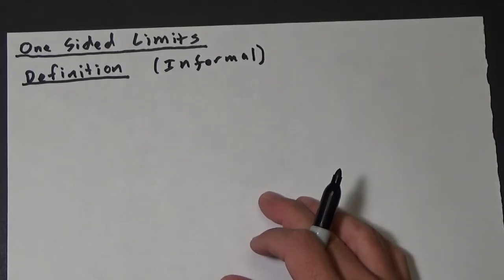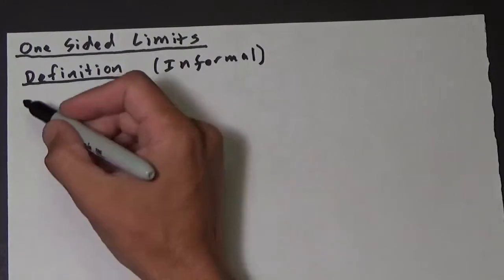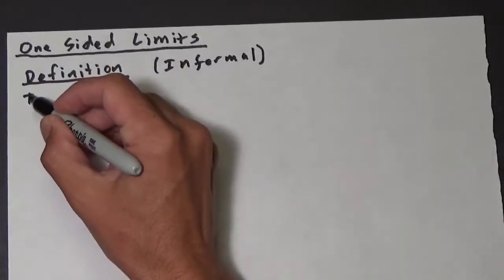When you get to college, and if you take Calc 1 again, there's another definition for a right-handed and left-handed limit that is a little bit more complicated than this, but anyways, this definition works.